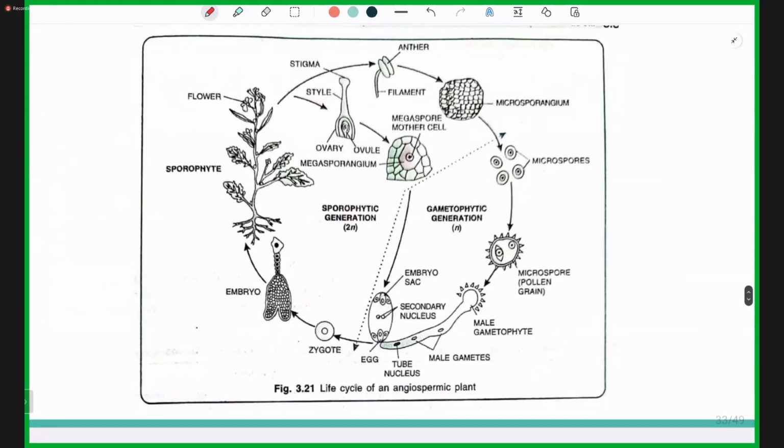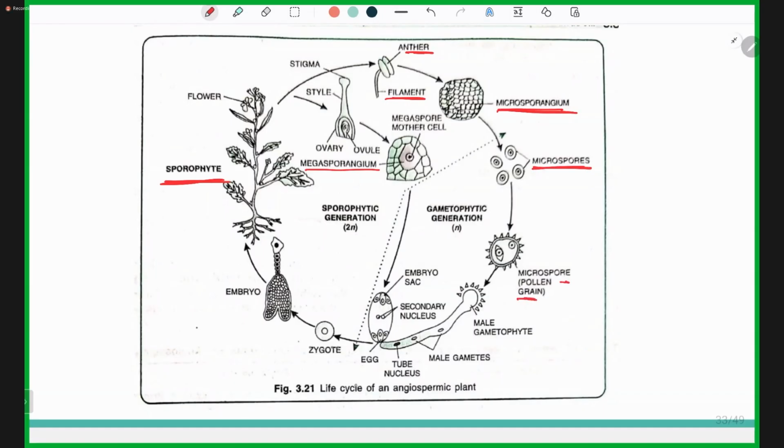If we see this diagram, the plant is a sporophytic plant. It has stigma, a megasporangium and a microsporangium, the filament and the anther. The anther gives rise to microspores inside the microsporangium.